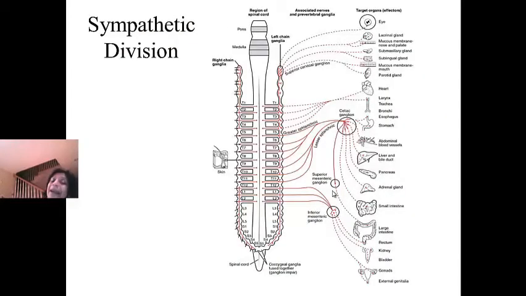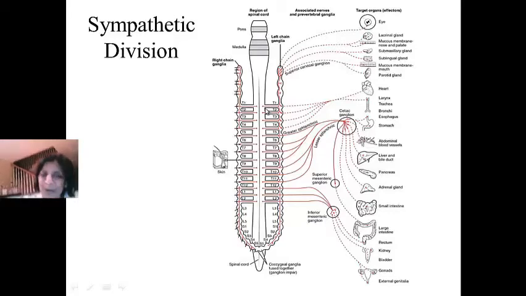Well, the autonomic nervous system is in fact divided into two subdivisions, sympathetic and parasympathetic divisions. The sympathetic division is also called the thoracolumbar division. It's simply based on the origin of the preganglionic neuron.